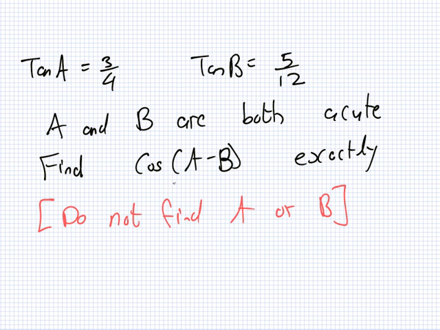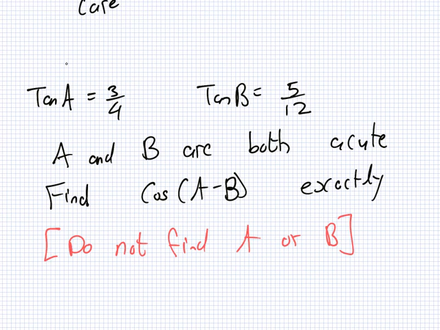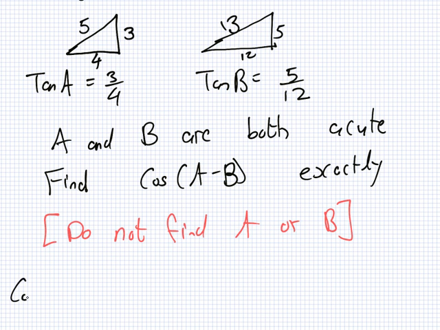There's a couple of ways. We'll just draw a quick picture here. So this is 3, 4 and 5. This is 5, 12 and 13. So it might seem like you're finished.